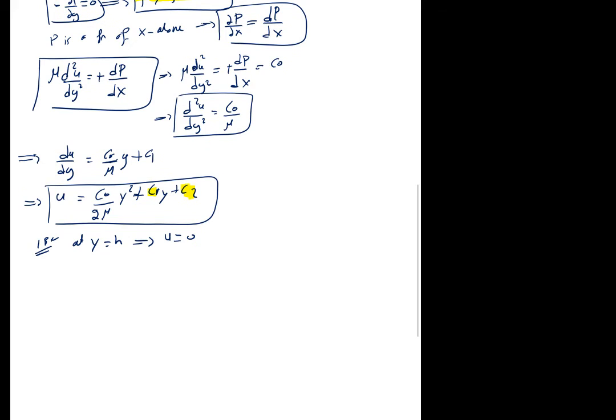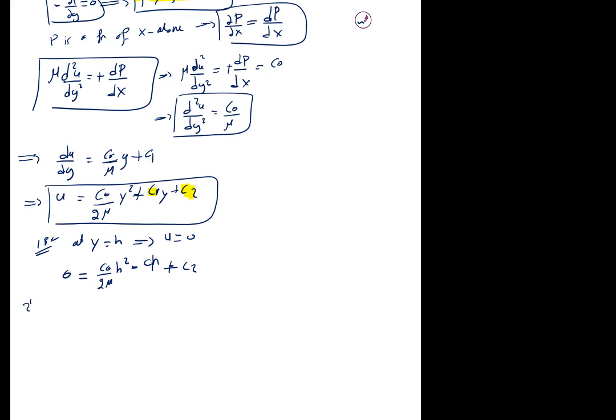So I'm going to have 0 equals C0 over 2 mu h squared plus C1 h plus C2.